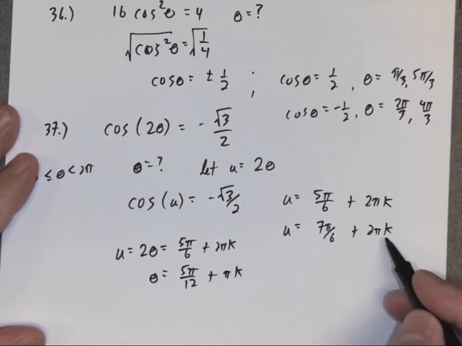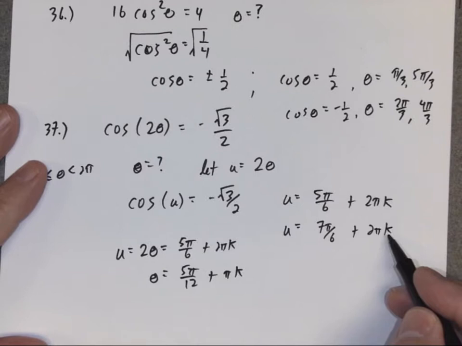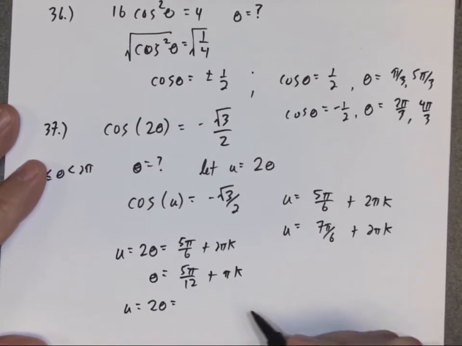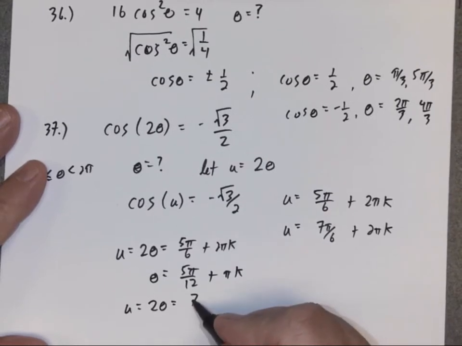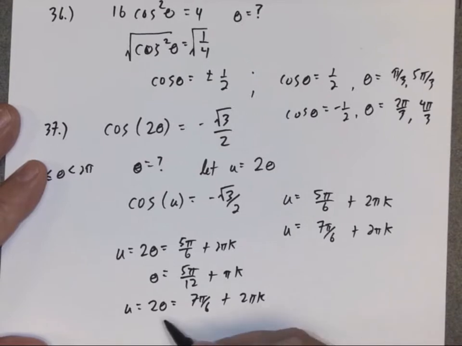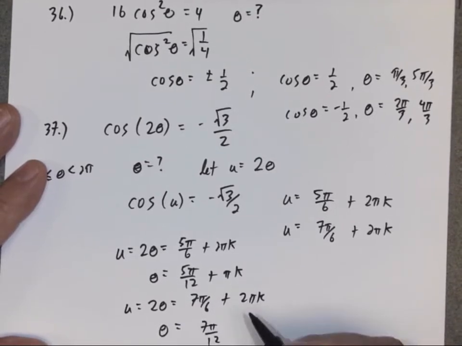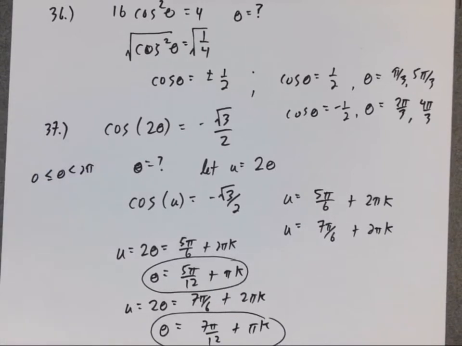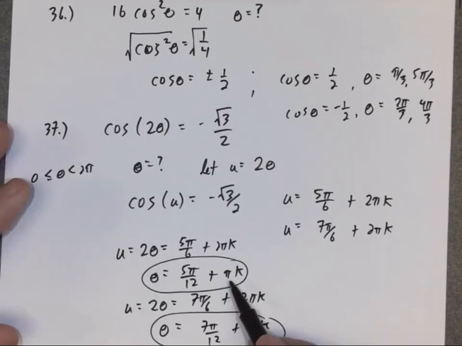And if I do the same thing for my second possible solution, here's 7 pi over 6 plus 2 pi k, divide both sides by 2. 7 pi over 12 plus pi k. So really, these are my two solutions, but I'm not really finished because they want all the angles between 0 and 2 pi. I have to figure that out.